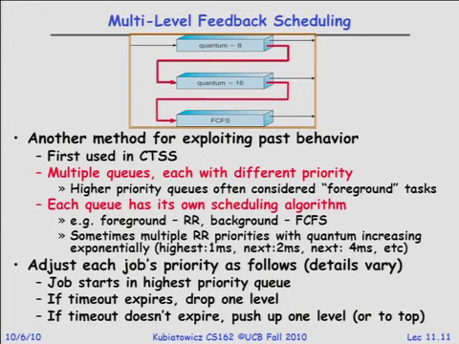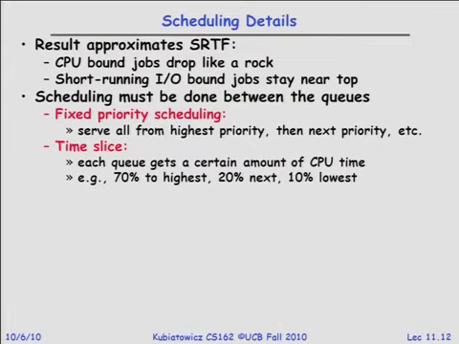We have some details we could think about, like for instance, how do we schedule all the different queues? Okay, so I've told you how jobs move between the queues, but the question is, if we have a bunch of queues, which queue do we pick something from? Well, we could always pick from the first queue over the second over the third. So we make the first queue highest priority, the second next, and the last lowest priority.